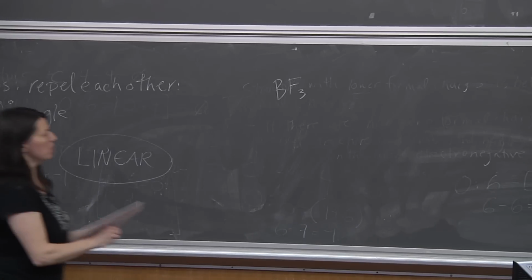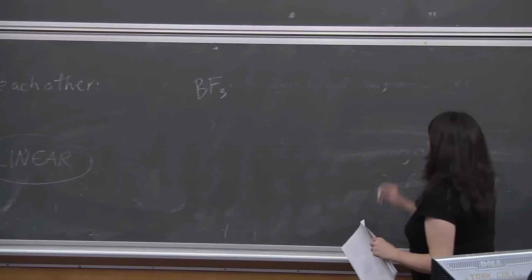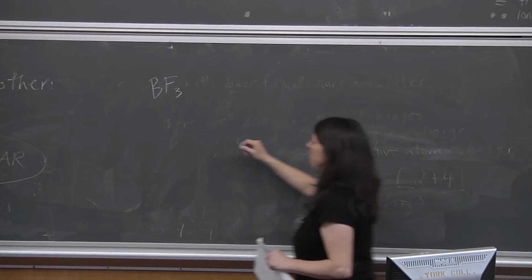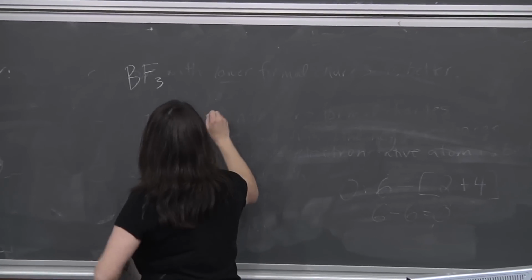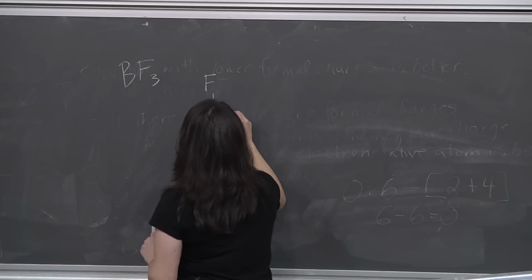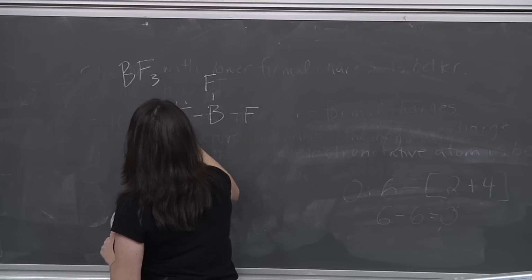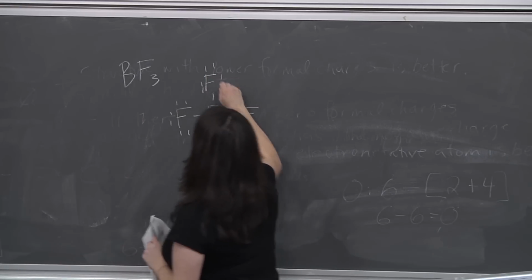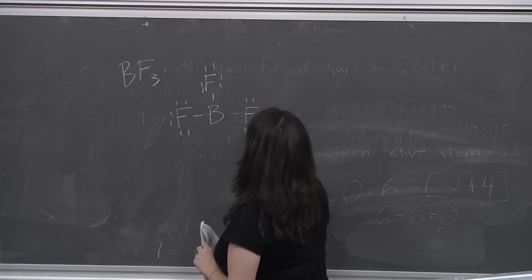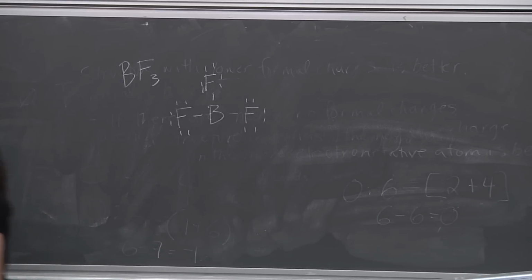So the next one we're going to look at is boron trifluoride, BF3. This is another example that is actually often done with an exception to the octet rule where boron just has 6 electrons.